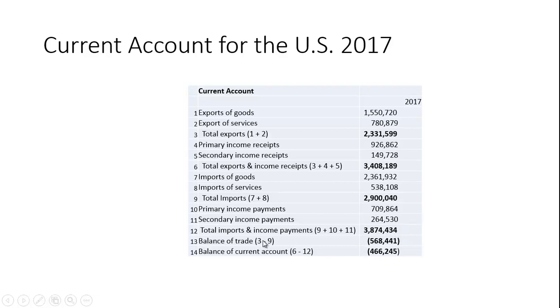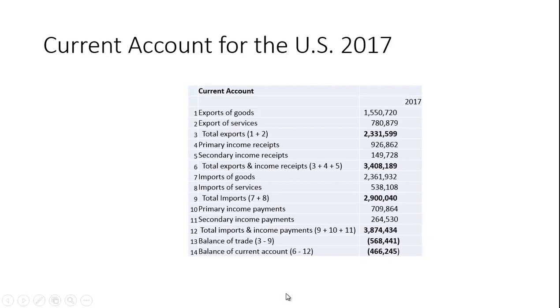And we can look at the balance of trade. Balance of trade would be exports minus imports, or row 3 minus row 9, which is 568,441,000,000. So that's how much more we're importing than we're exporting to the rest of the world.